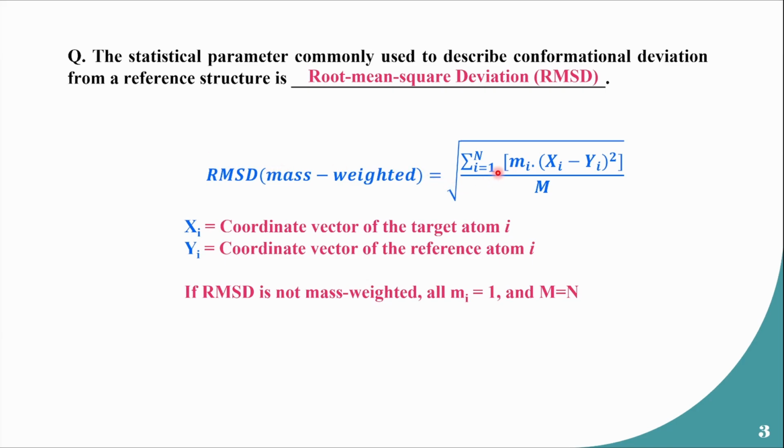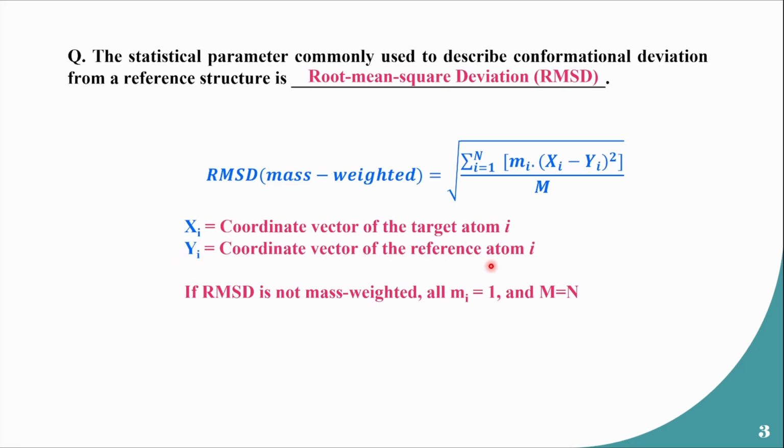You had to calculate, for a particular atom i, the x, y, and z deviation from a reference atom, which in this case is talked about as yi, for the x, y, and z coordinates.